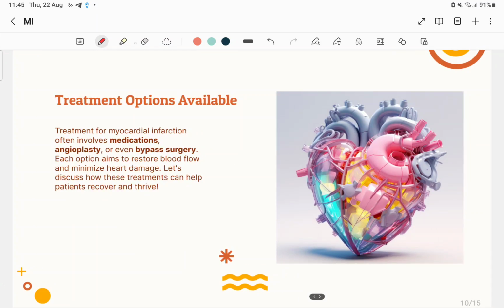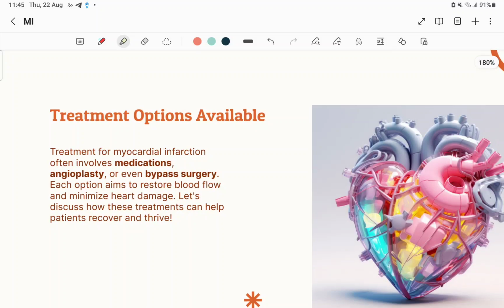Okay, treatment options available. Let's discuss some treatment options. So we can have emergency medical treatment, right? As it is an emergency, we can give oxygen therapy, and we should manage the pain by giving different things like morphine.